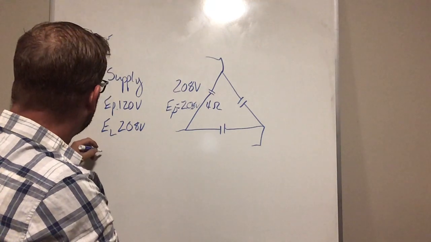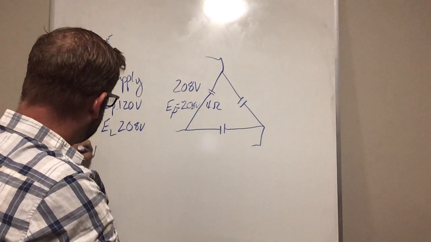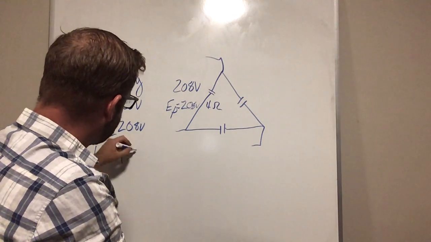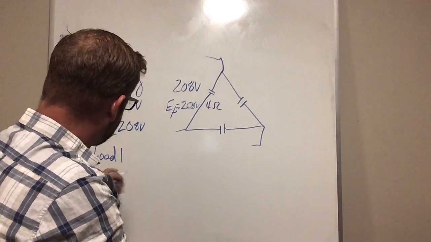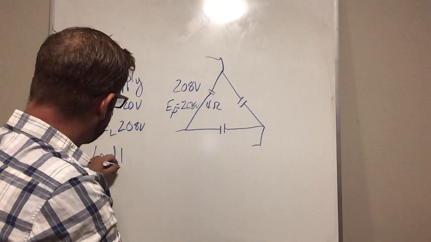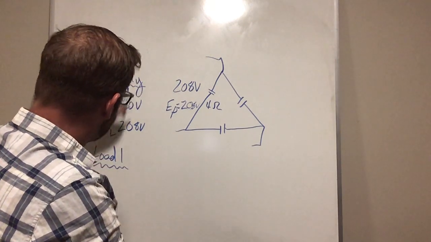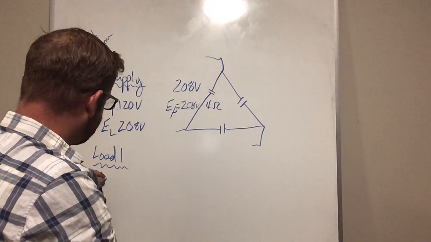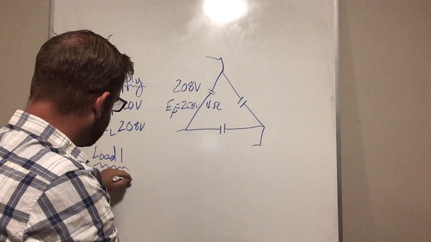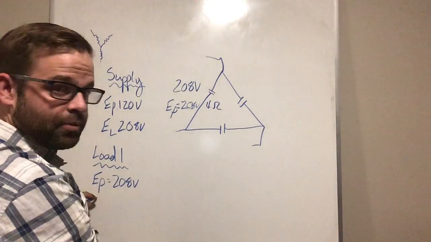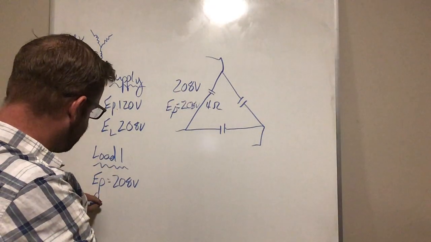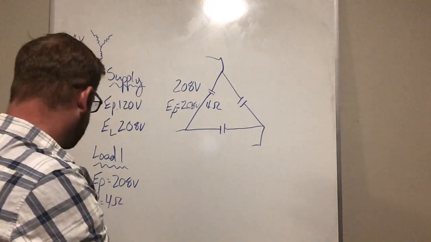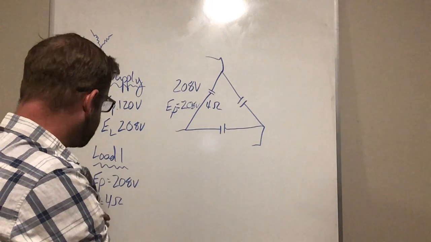So our load 1 is going to have an E phase of 208 volts, a resistance of 4 ohms, and now we're going to look at what our I phase is going to be.